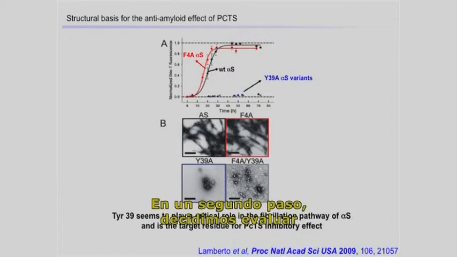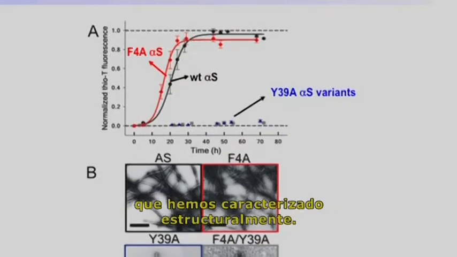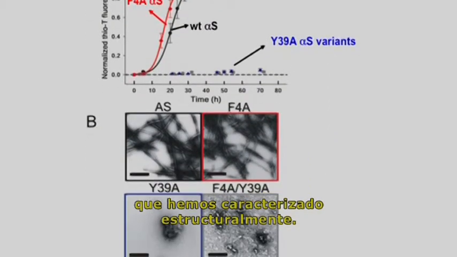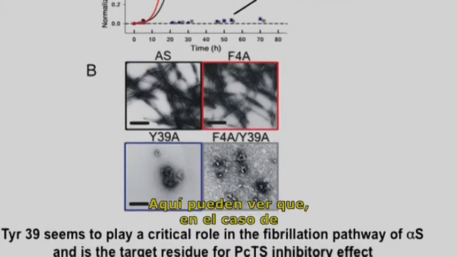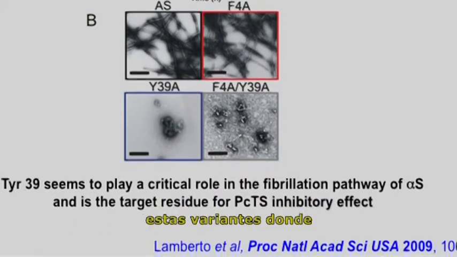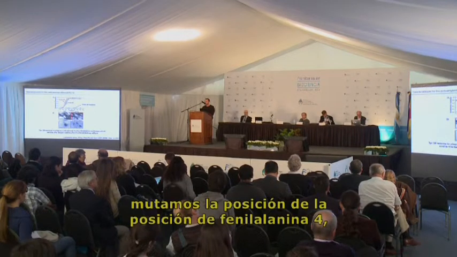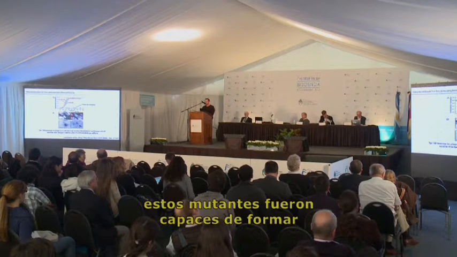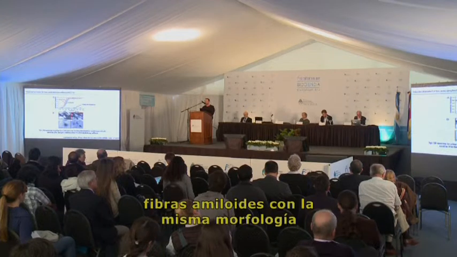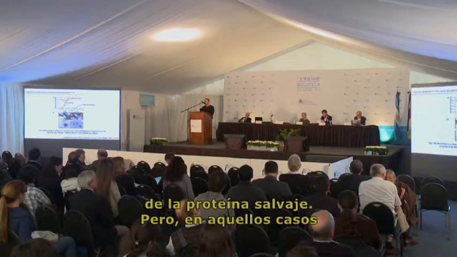Then, as the next step, we decided to evaluate the amyloidogenic potential of these variants that we have characterized structurally. And you can see here that the variants in which the phenylalanine was mutated at position 4 were able to form amyloid fibers with the same morphology as the wild-type protein.